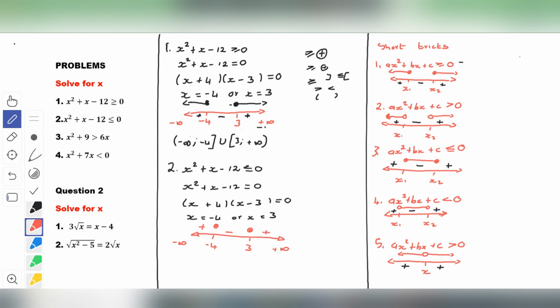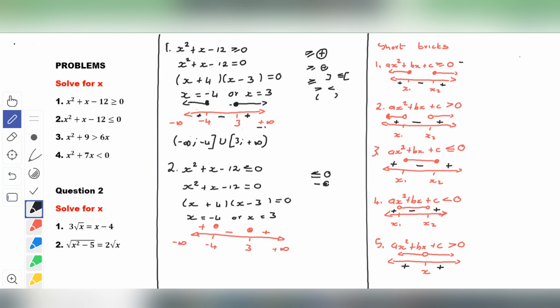Now we can see that we have positive, negative, and positive, and then we check what? We check the interval. The interval is what now? It's less than or equal to 0. In simpler terms, it means it's negative.